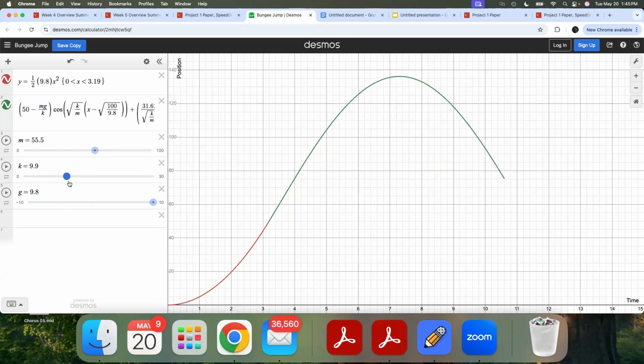That's okay. During the presentation, I don't expect it to. I guess you could solve algebraically where it's going to cut off and put that in here in terms of M, K, and G so that they always cut off at 50.